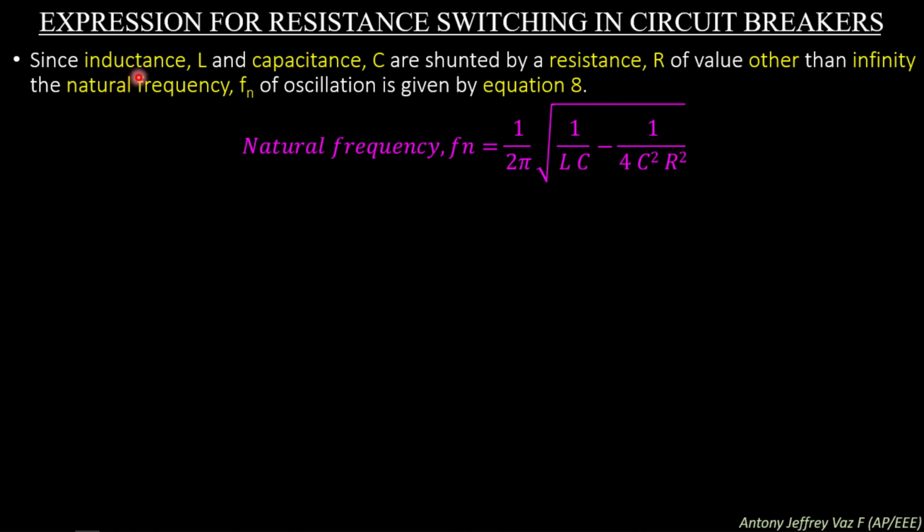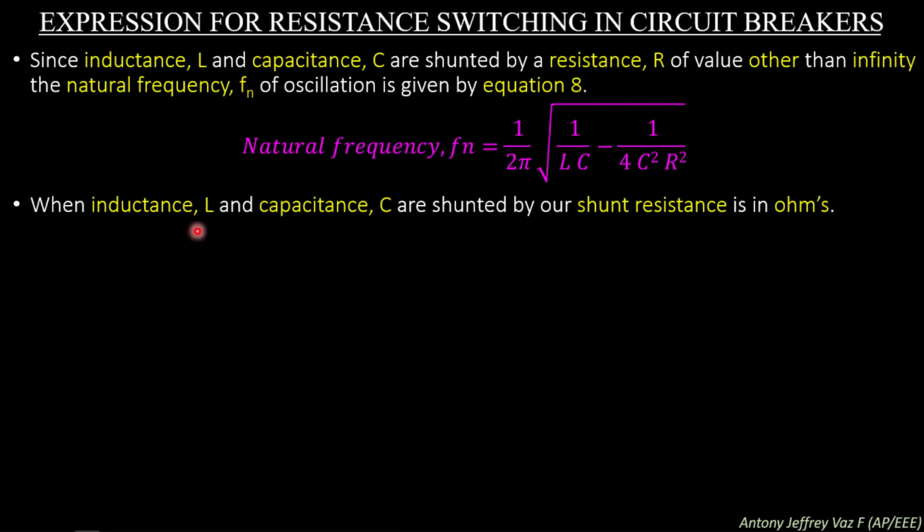Since we know inductance L and capacitance C are shunted by resistance R of value other than infinity, the natural frequency Fn of oscillation is given by equation 8. Since we know the capacitance C, inductance L and the shunt resistance R, these can be substituted in the equation to get the natural frequency Fn, that is the frequency at which the complete circuit is going to oscillate.